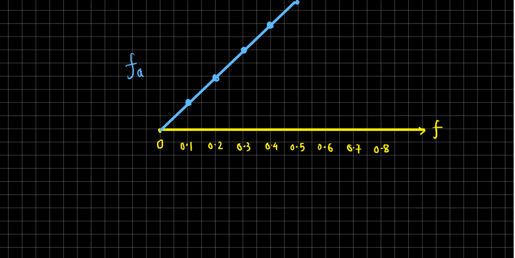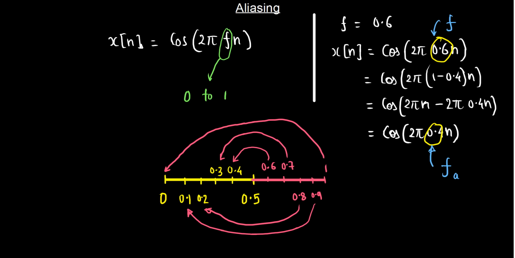Now, as we have seen in the previous case, as soon as small f exceeds 0.5, we may express it as 1 minus something, and the value to which it is getting mapped, that is fa, is actually the lower frequency. So the frequency after 0.5 is getting mapped to a frequency lower than 0.5.